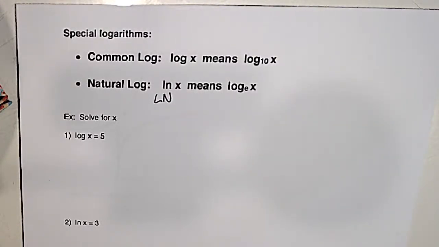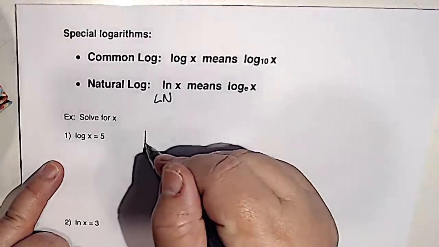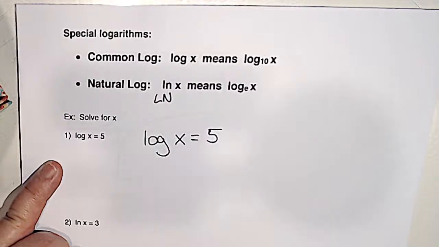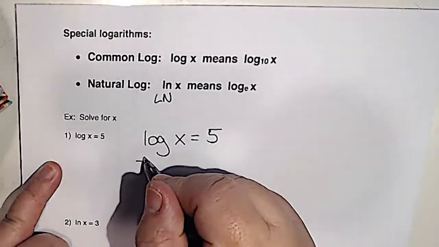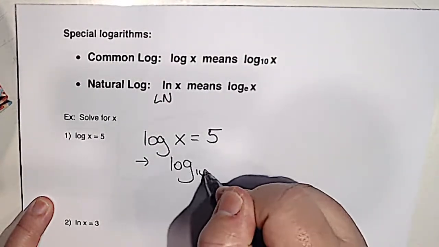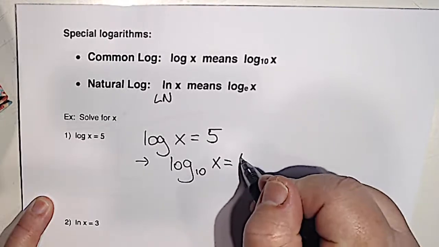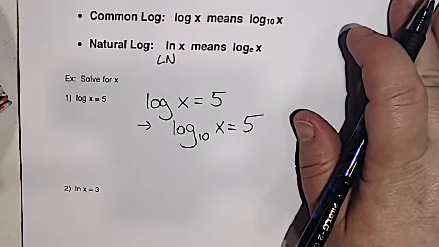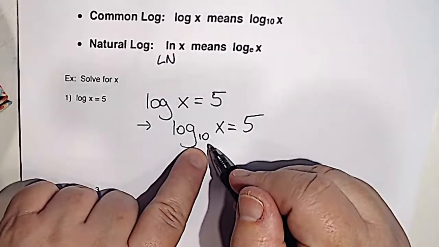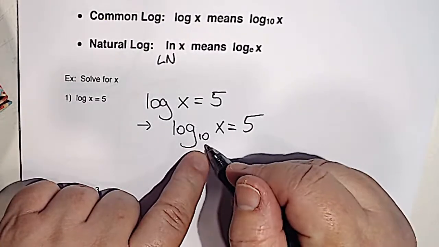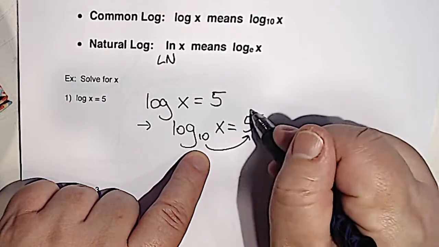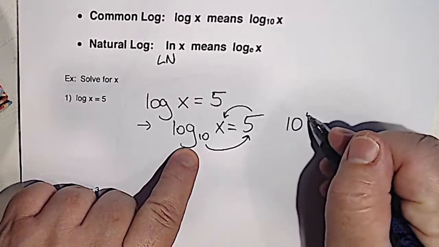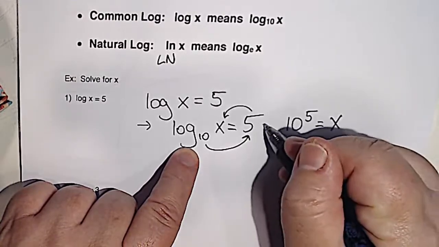So you just have to remember what they are. If I just say plain log of x equals 5, you have to know, oh, this is actually log base 10 of x equals 5. And then we do the conversion thing. Remember the conversion dance? You start down low on the left, and you go around counterclockwise, make kind of a little spiral there. 10 to the 5th equals x.